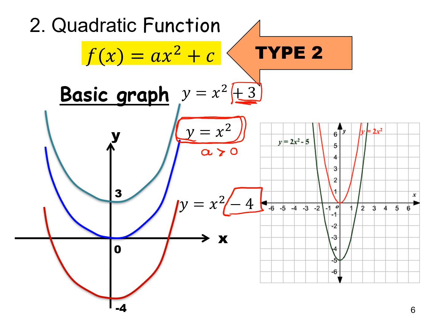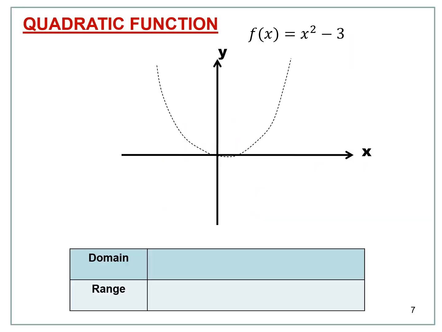Okay, for example, we have 2x squared. The basic graph is at the origin (0, 0). But when you minus 5, the graph shifts down 5 units. Okay, f(x) equals x squared minus 3.